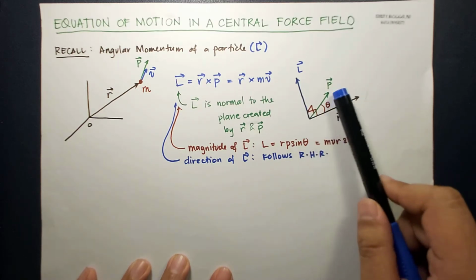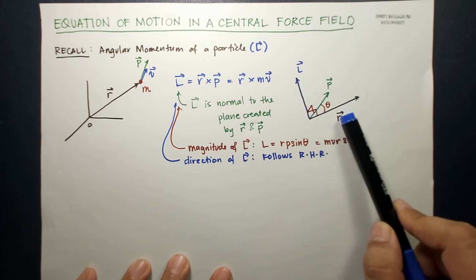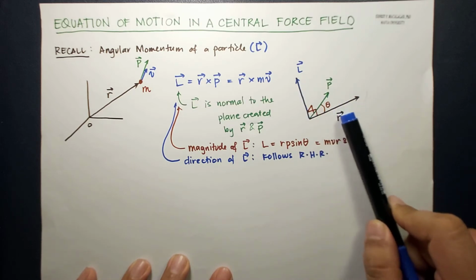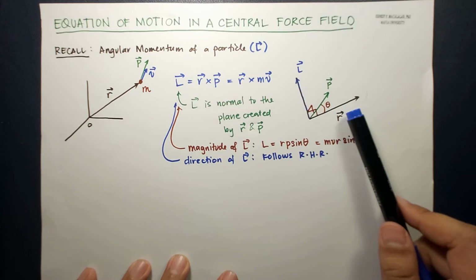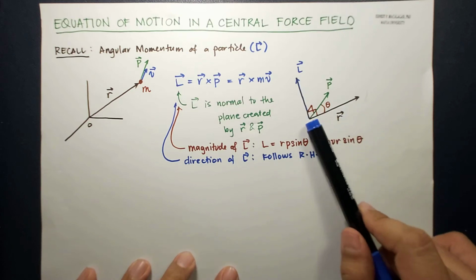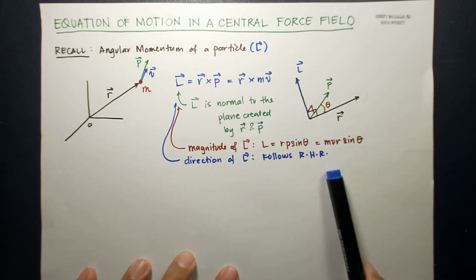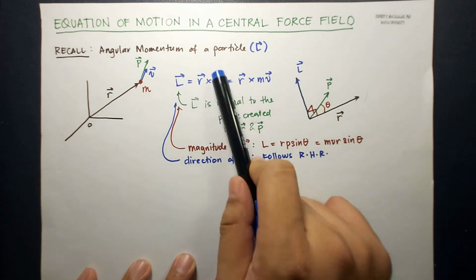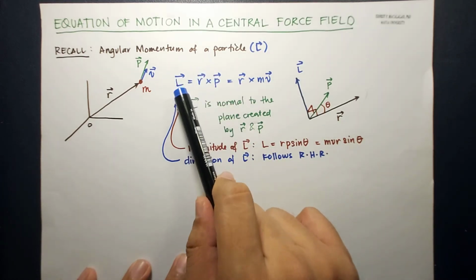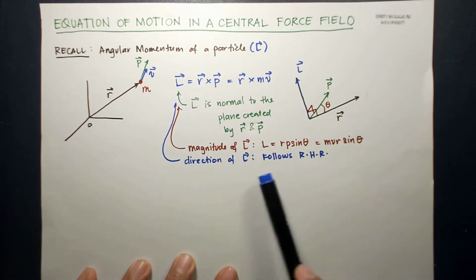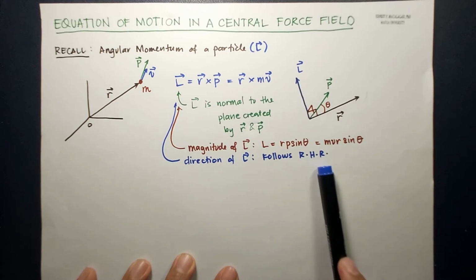Now, we all know that the plane created by r and p has two perpendicular directions, one in this direction and the other in this direction. Because this is a cross product, the direction will follow the usual right hand rule.